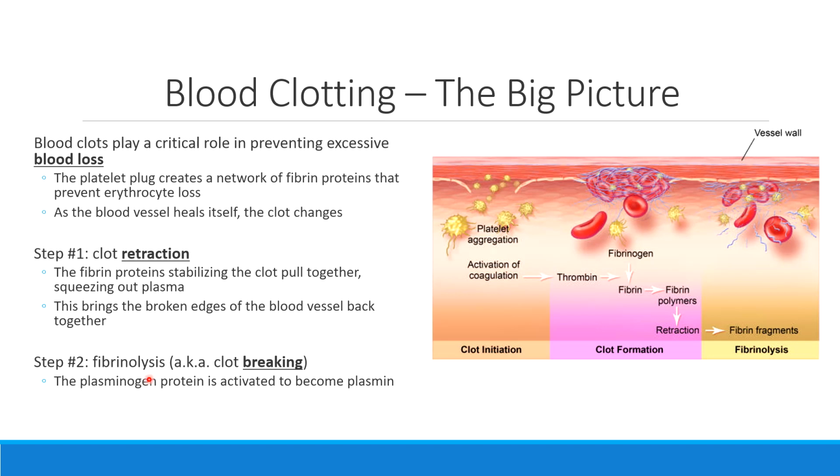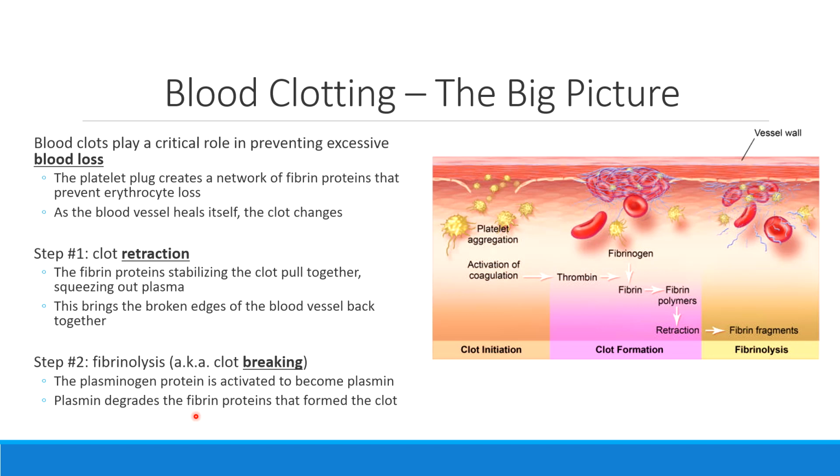So when it's time for us to break down fibrin, we chop up a protein called plasminogen. When I chop that up, I turn it into plasmin. The plasmin protein is really good at going through and chopping up fibrins that were there next to the clot.